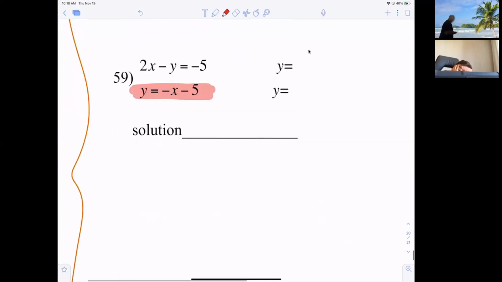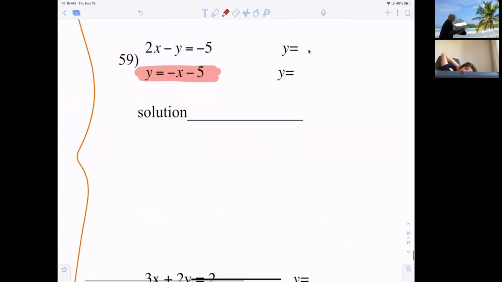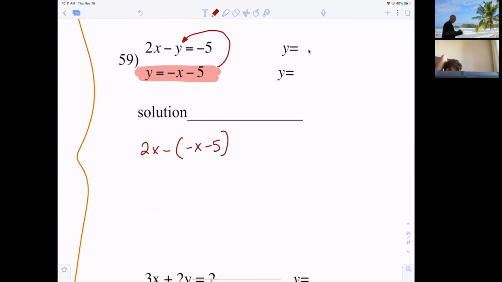All right, now here, we're just going to replace y with negative x minus 5. So where I see a y right here, I'm going to put negative x minus 5. So here we go. 2x minus parentheses, negative x minus 5 equals negative 5. Now notice there's a lot of negatives on purpose because that's where kids make mistakes with negatives.